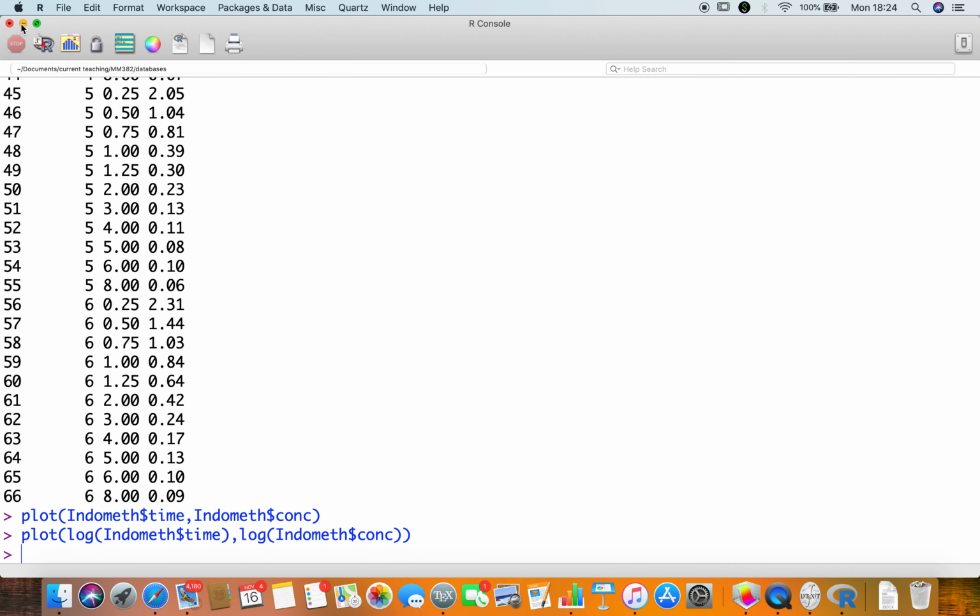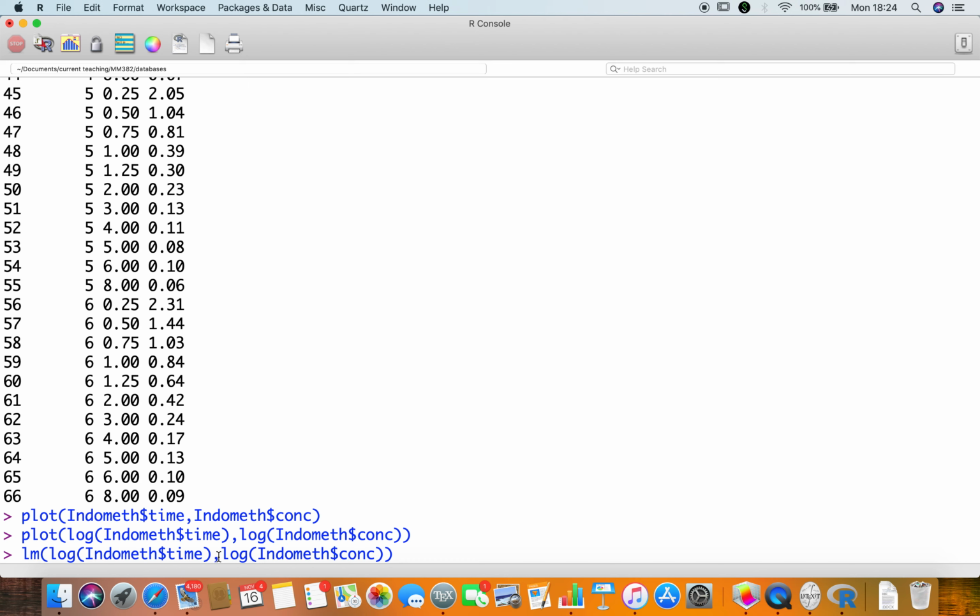So what is that linear relationship? Remember, in this situation we want concentration to be the dependent variable, so we want concentration equal to a function of time. So we're going to do our lm calculation.